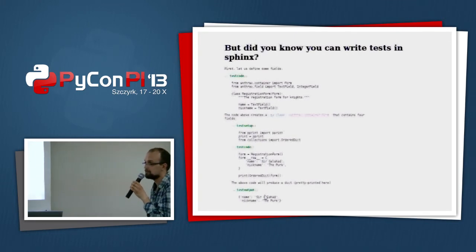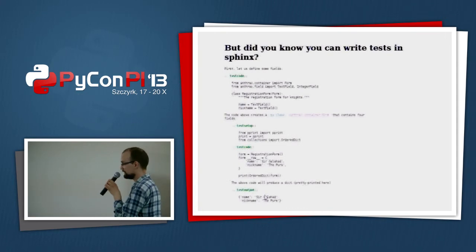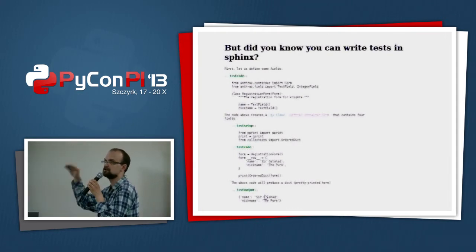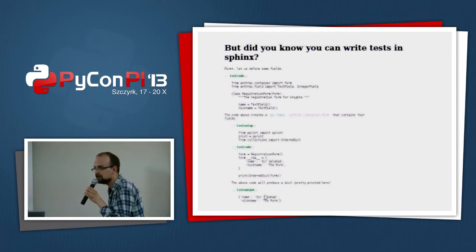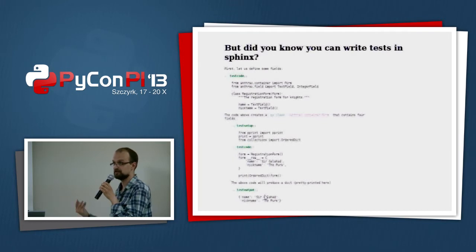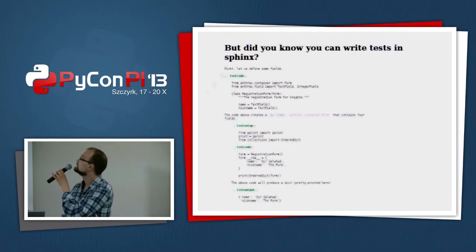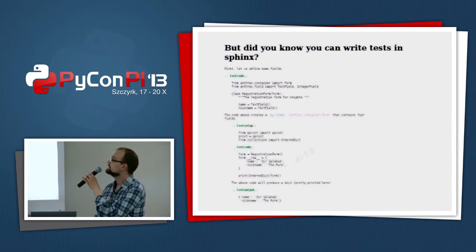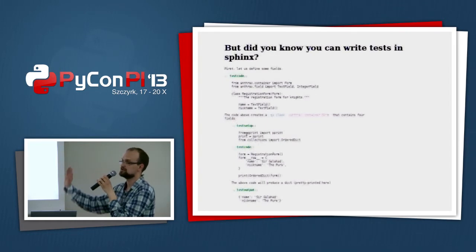How would it work? If we compile this code into HTML or PDF or some other form for users to read, it would look like this. All this narrative documentation will be here. This thing would be hidden, this test setup. The user wouldn't see it.